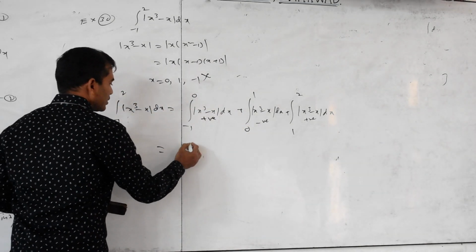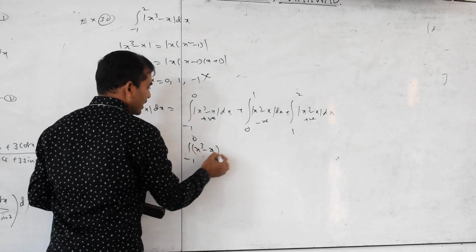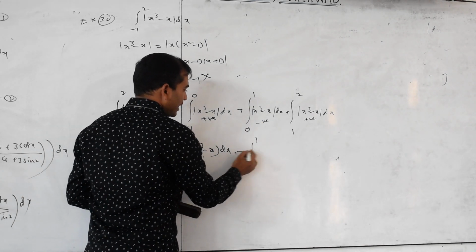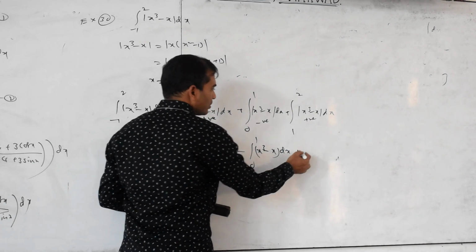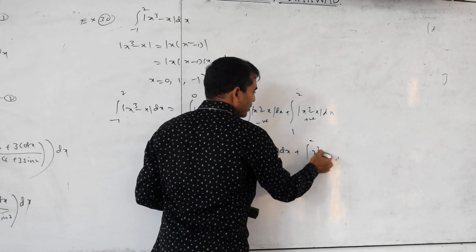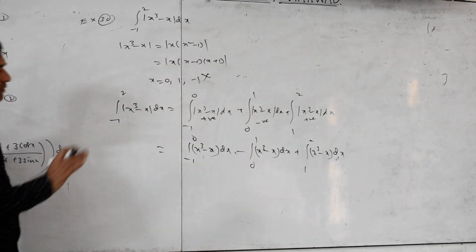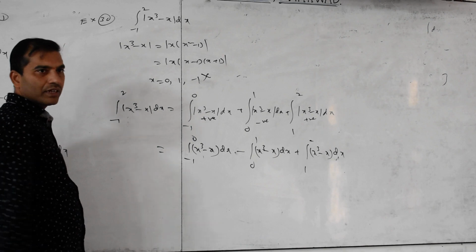From -1 to 0 this is positive, so x cube minus x dx; plus 0 to 1 is negative, so minus (x cube minus x) dx; and 1 to 2 is positive, x cube minus x dx. After opening the mod, use the regular method: find the integration and apply upper limit minus lower limit.